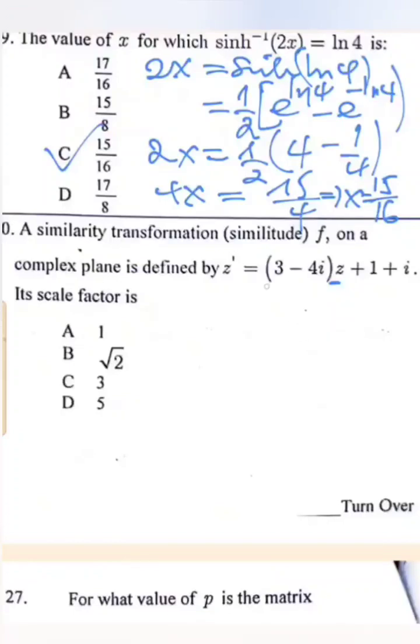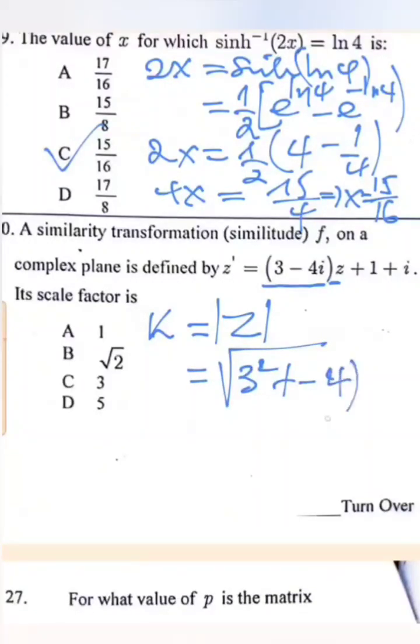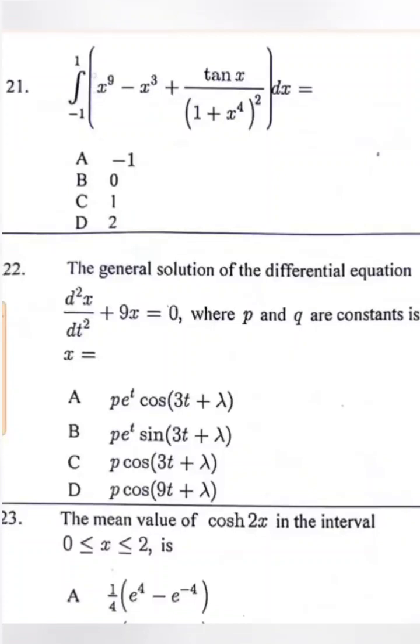If it is a complex number, like in this case, the scale factor k is simply the modulus of that complex number. So the modulus there should be the square root of 3 squared plus negative 4 squared, and that gives 5, corresponding to option D.